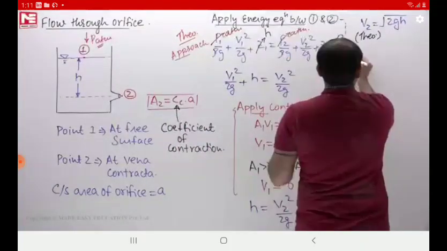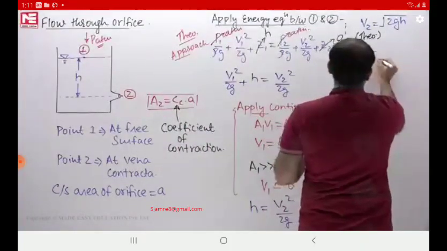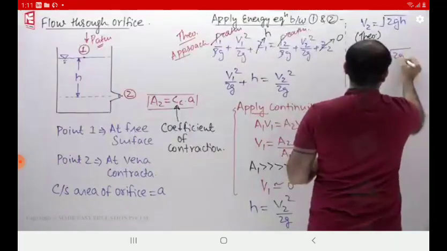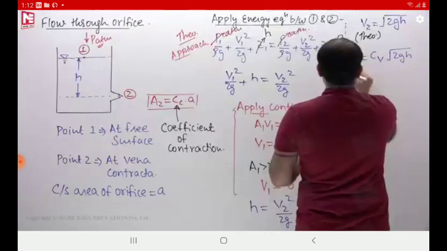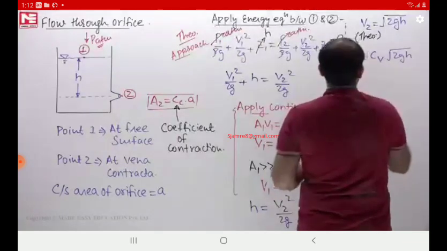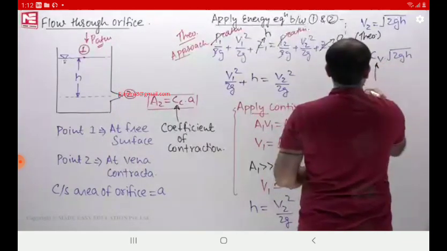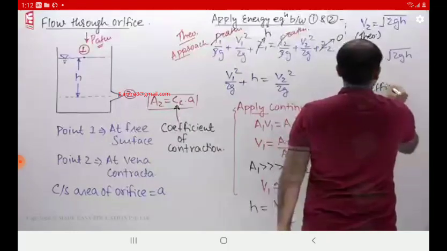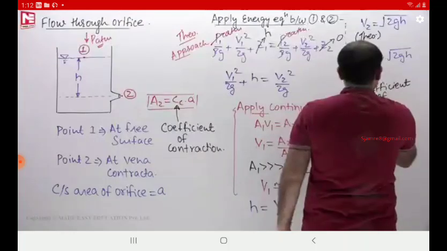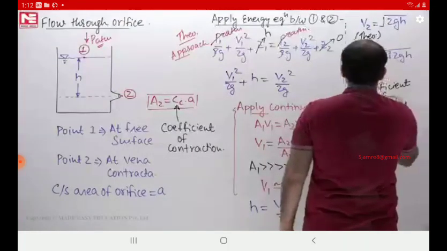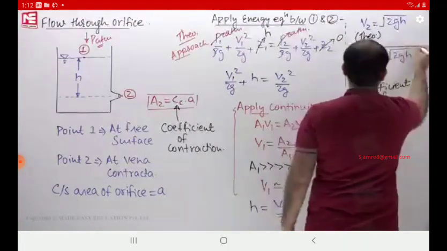So for your kind information, V2 is equal to CV times root of 2g, and this V2 is actual, and this CV is the coefficient of velocity, and I am going to put this in a block.